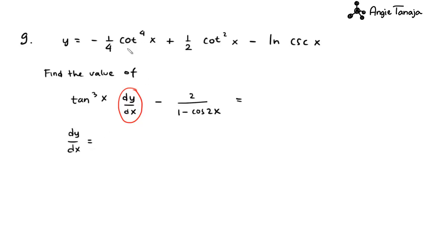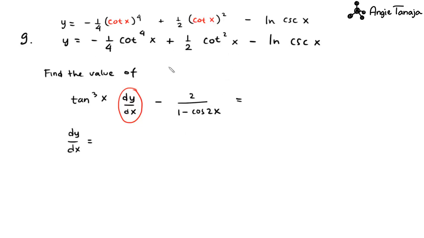Ya, saya refine dulu bentuknya 1/4 times cot x to the power of 4 plus half times cot x to the power of half minus ln cosecant x. Okay, let's write.